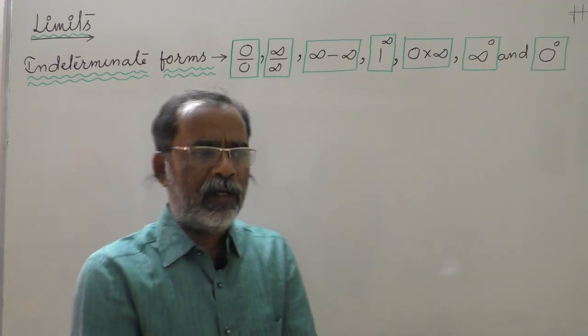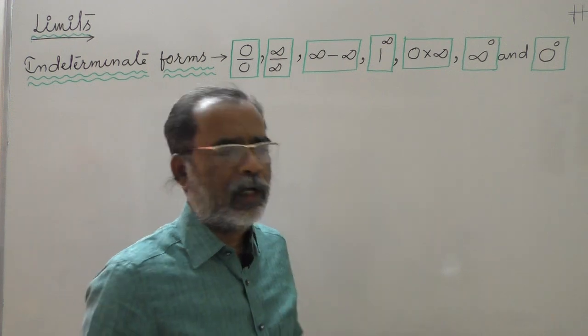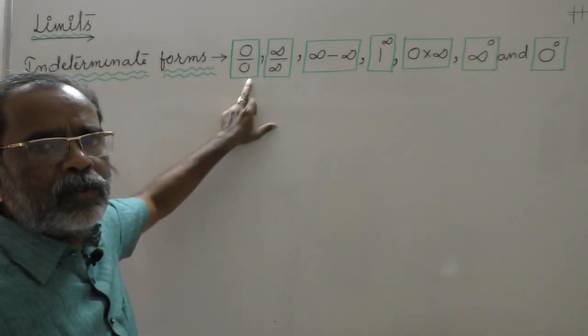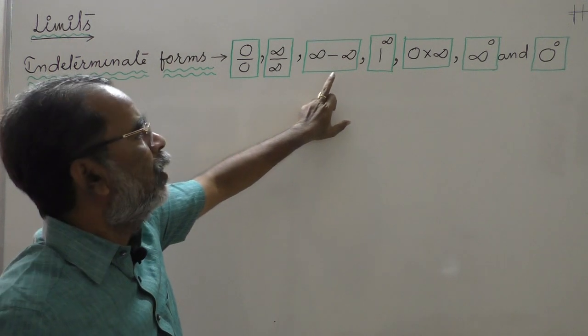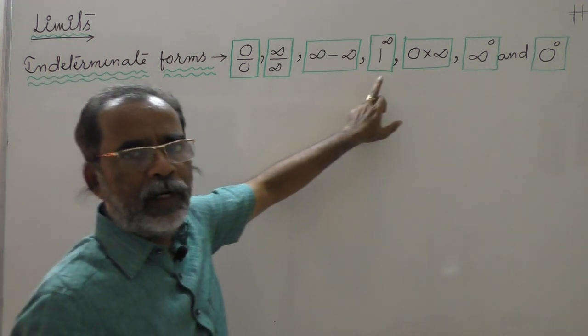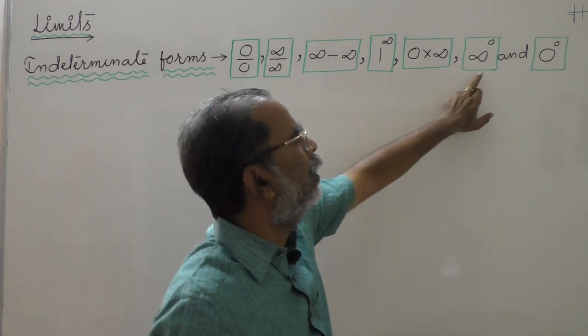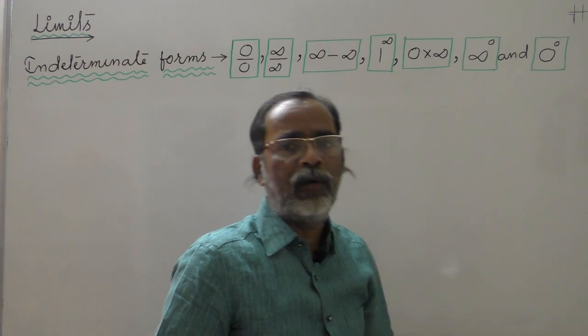So today we will discuss 2 particular indeterminate forms. These are the indeterminate forms: 0 by 0, infinity by infinity, infinity minus infinity, 1 power infinity, 0 into infinity, infinity power 0 and 0 power 0.